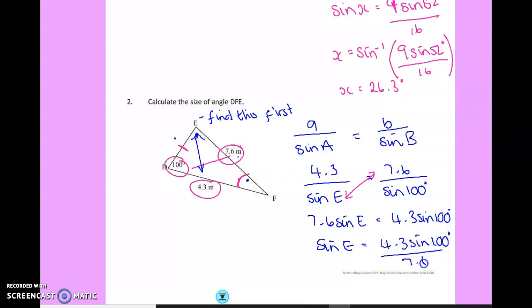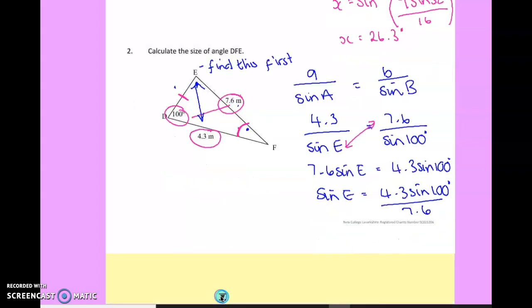If you want to, you can. I like to go through two steps. That gives me sine E. I just want E. So E is inverse sine of 4.3 sine 100 all over 7.6.